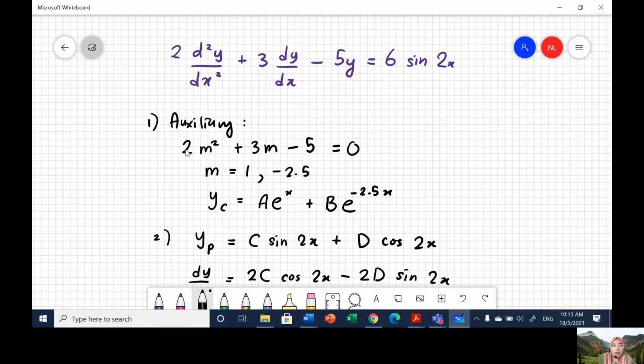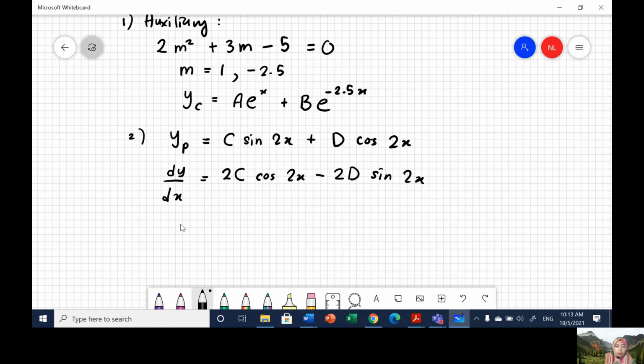Then we have the second derivative, so you need to differentiate once more from the first derivative that we have previously. The derivative for cos gives a negative sign, times another 2, so we have negative 4c sine 2x.